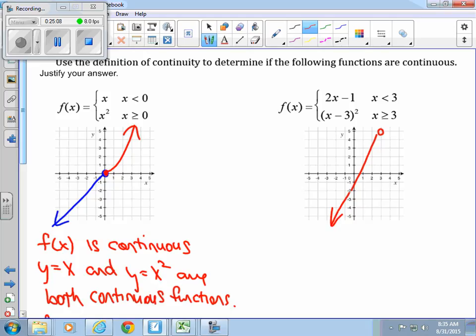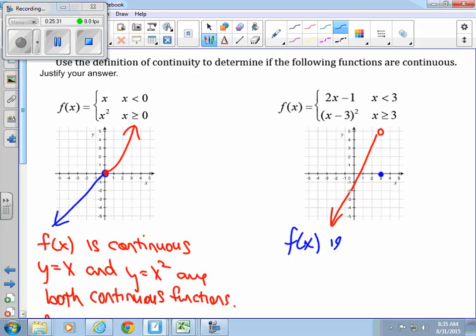x minus 3 squared. What's the value as x approaches 3 from the right? 0. Is this function continuous? No, I don't have to know anything else. In fact, even on a proof, this is an easy question.